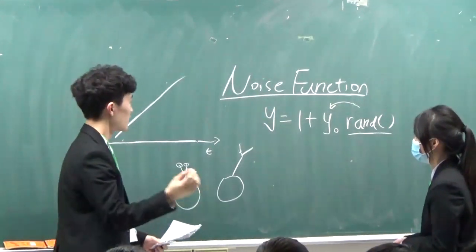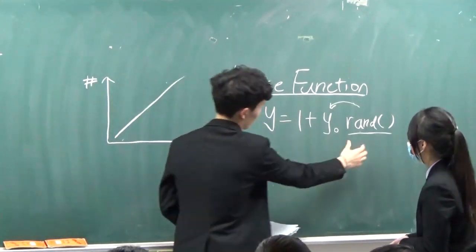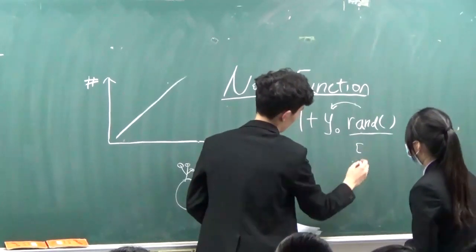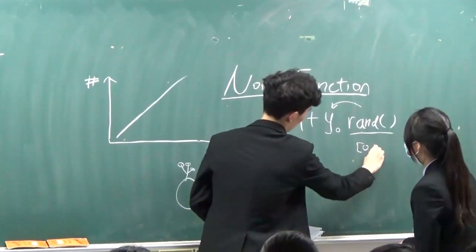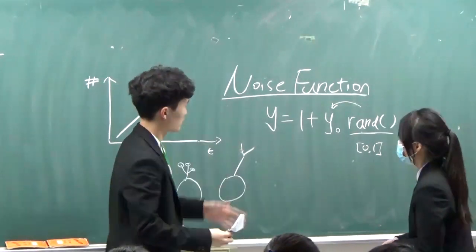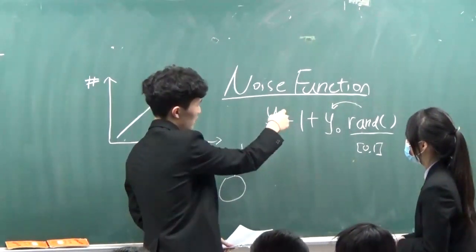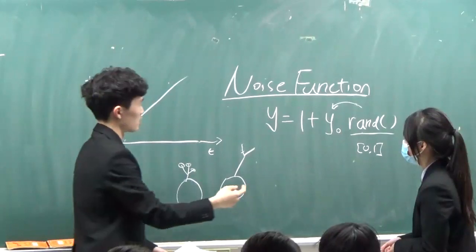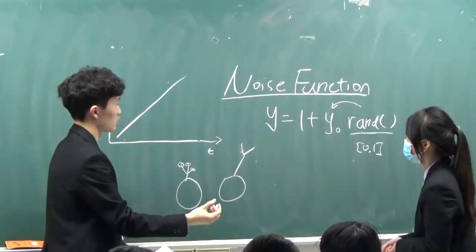So that when you calculate the number of fingers, it's going to have a random motion somewhere in between 0 to 1. And this way you can find the noise function, and this will help you find the simulation for how the fingers spread.